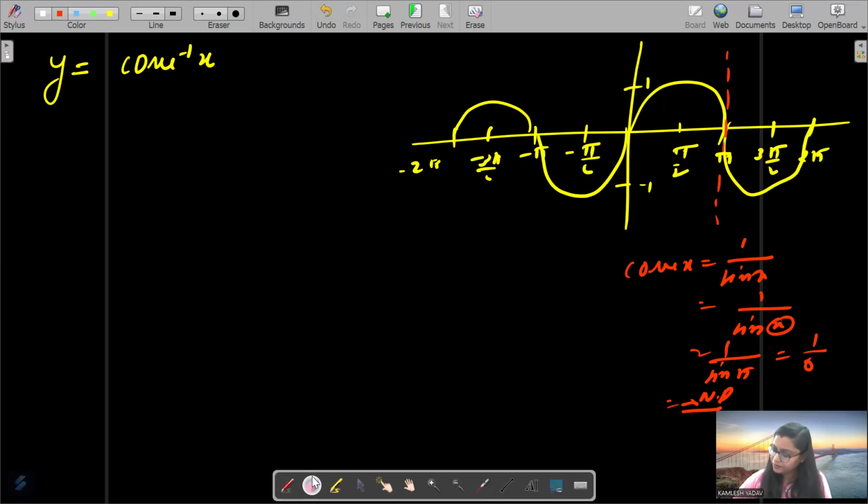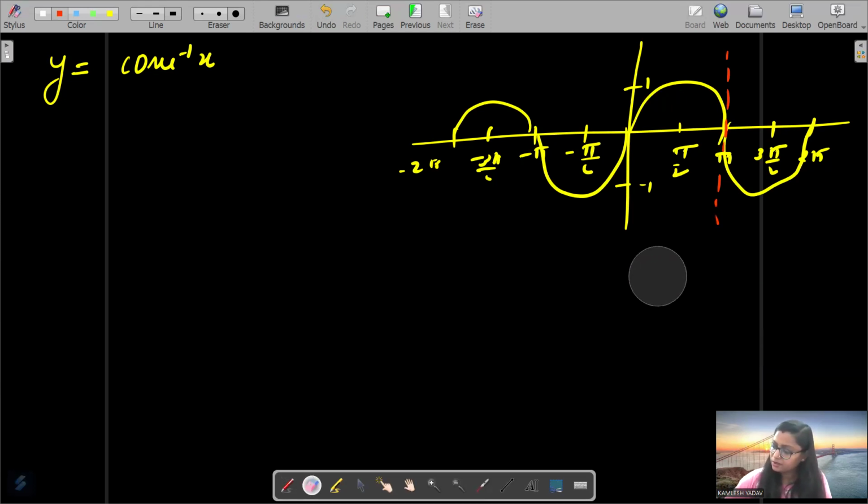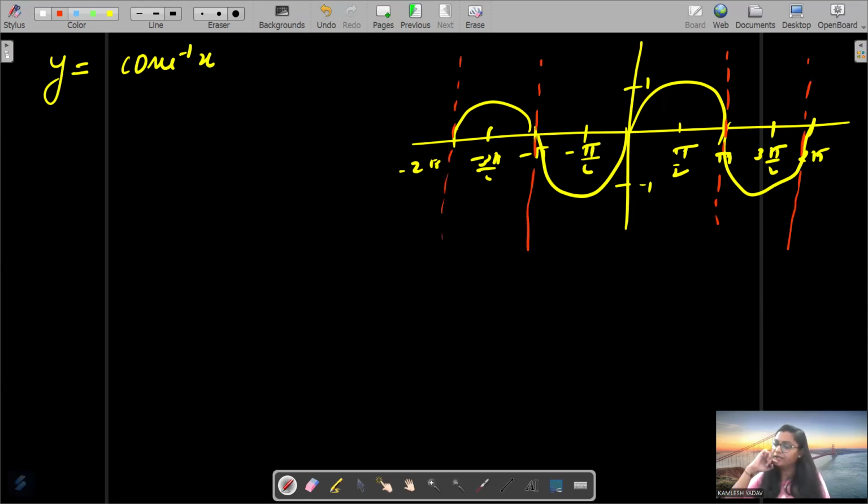So at this point cosec x is not defined, and I draw the dashed line here. Similarly for 2 pi, again for minus pi, and again for minus 2 pi. Now the curve lies like this. This is the graph of cosec x.